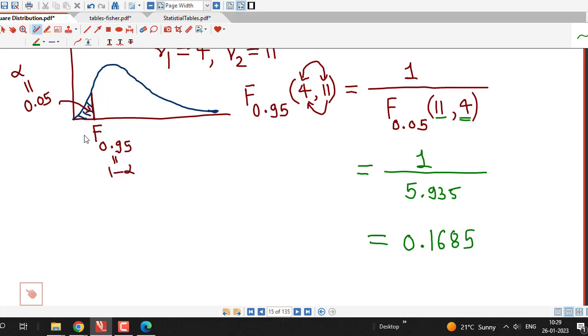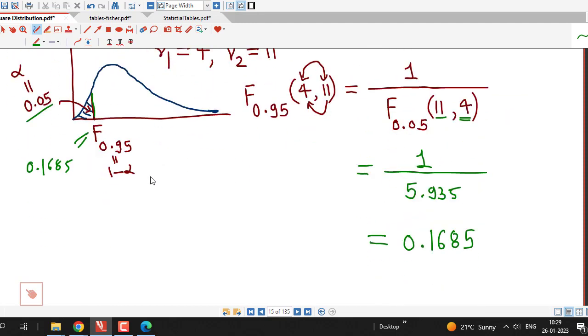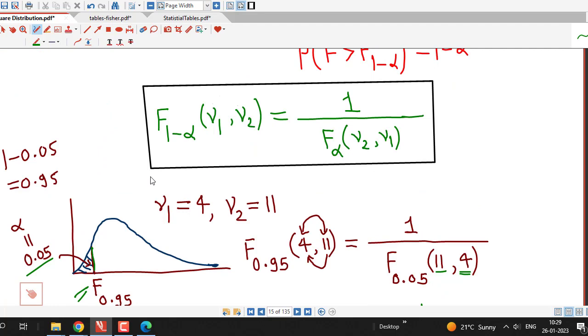So this point is nothing but 0.1685, such that the left tail probability is 0.05. So this is the way we can find left tail probabilities, and remember this relationship.